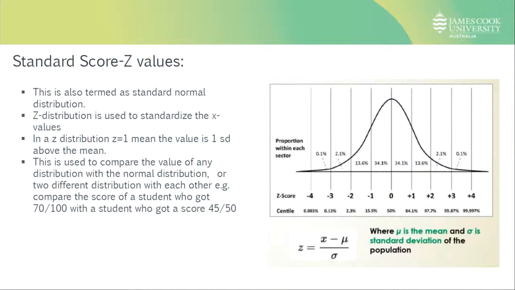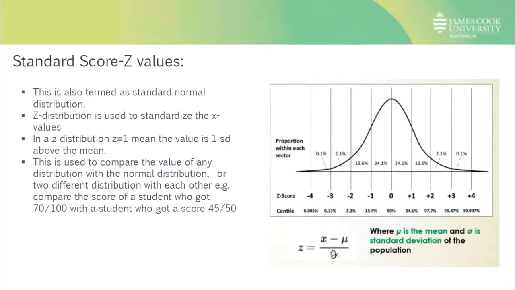As I said before, we will calculate the Z distribution whenever we have the data in a normal distribution. The Z distribution comes from this formula. Z means finding the position of the data, how far it is from this middle position. If you have data at this point, or this point, or here or there, with this formula you can calculate how far that point is from the mean.